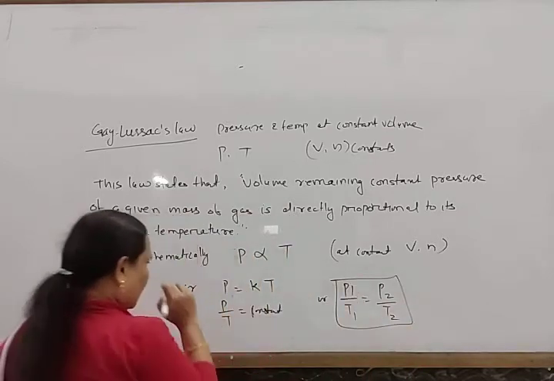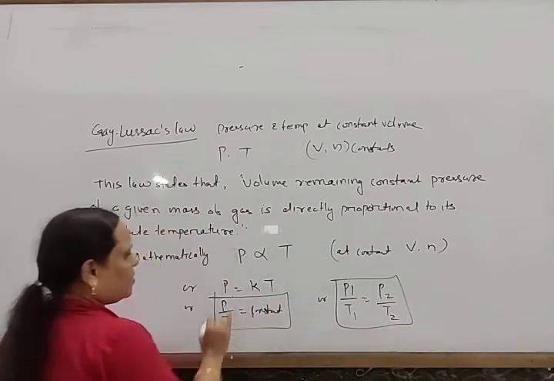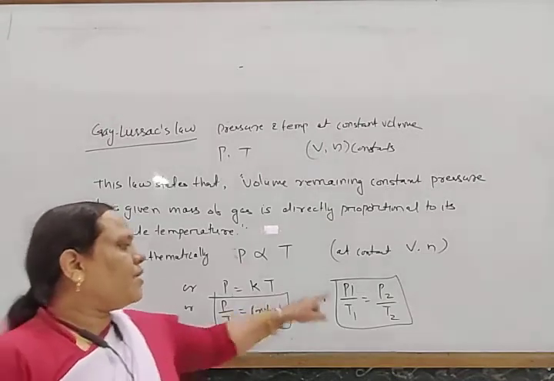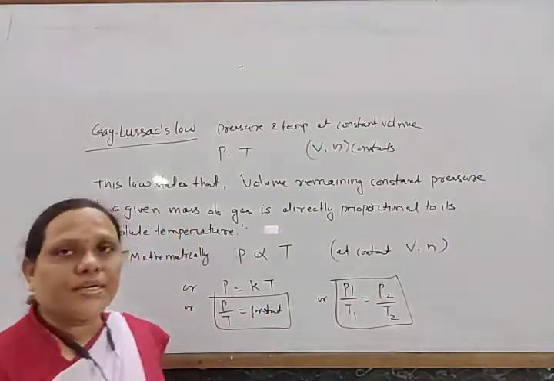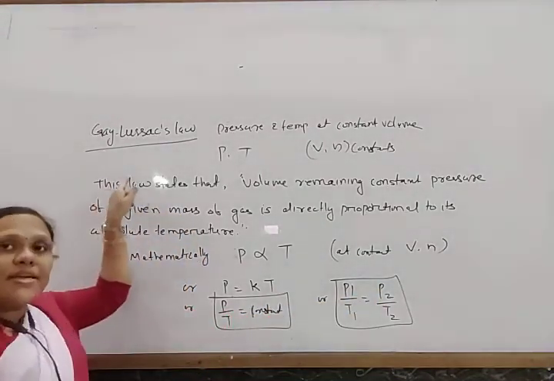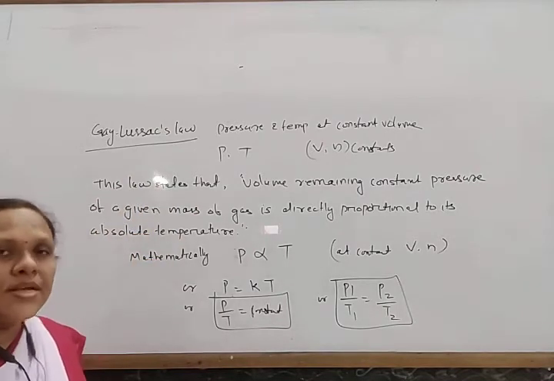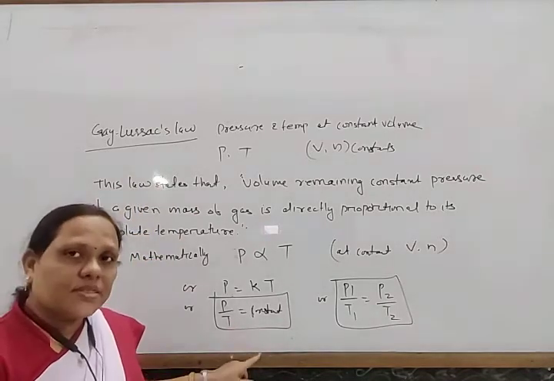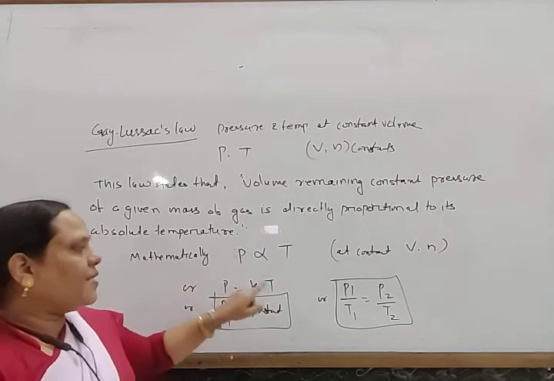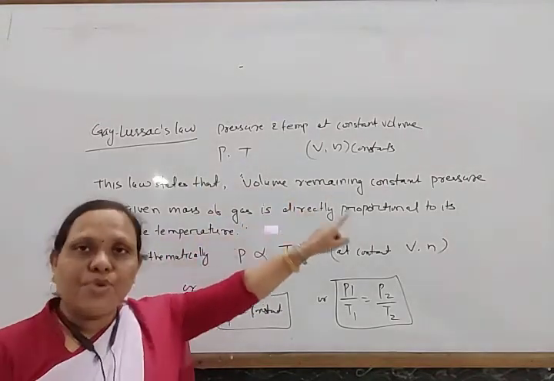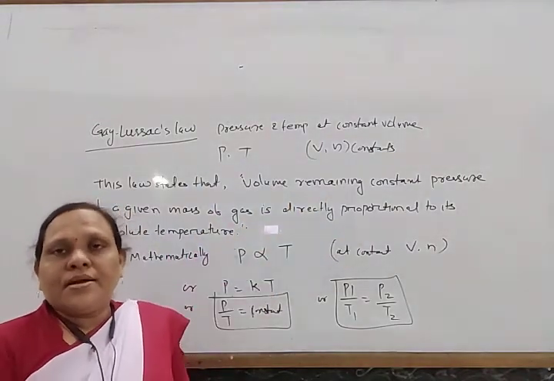So this is known as P by T equals constant, or P1 by T1 equals P2 by T2. This is known as Gay-Lussac's law. This law gives the relationship between pressure and temperature at constant volume.